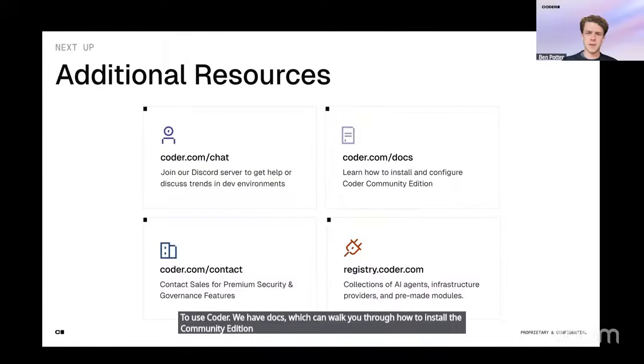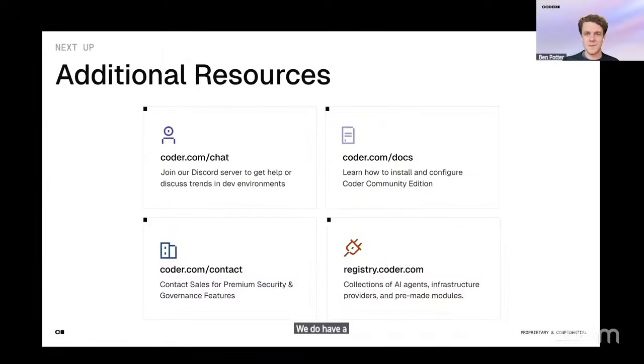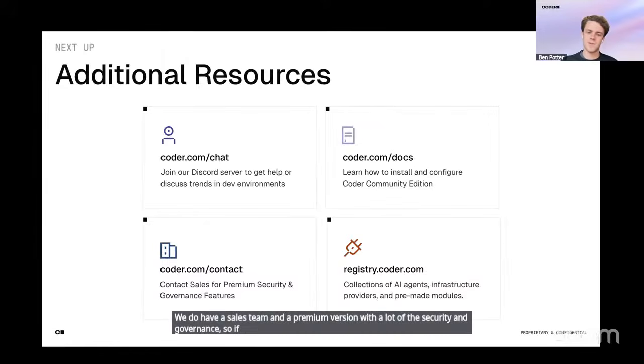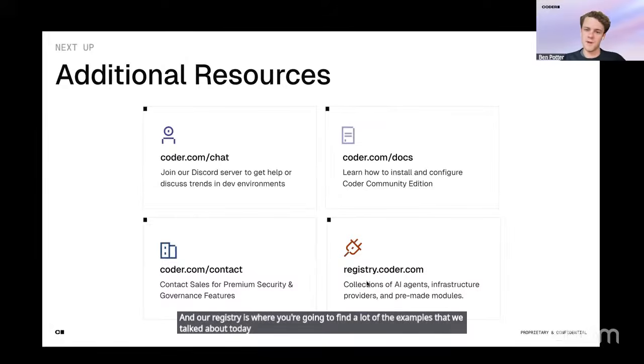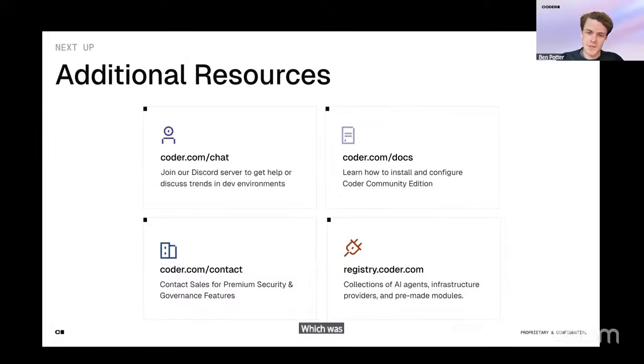Most of what we used today was part of the community edition and doesn't require a license. We do have a sales team and a premium version with a lot of the security and governance. So if you wanted to get in contact with us for that, you could do so. And our registry is where you're going to find a lot of the examples that we talked about today, which was the agents, the infrastructure such as Kubernetes and pre-made modules.